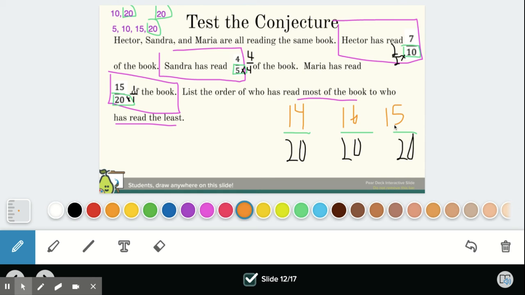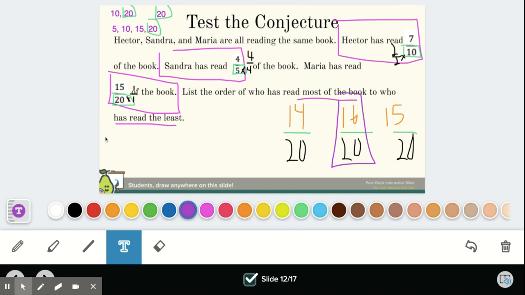So now I can compare, because since all the denominators are equal to each other, I can just compare by looking at the numerators. And I see the greatest numerator here is going to be this 16, right here. And that 16 belongs to Sandra. So Sandra has the greatest one.